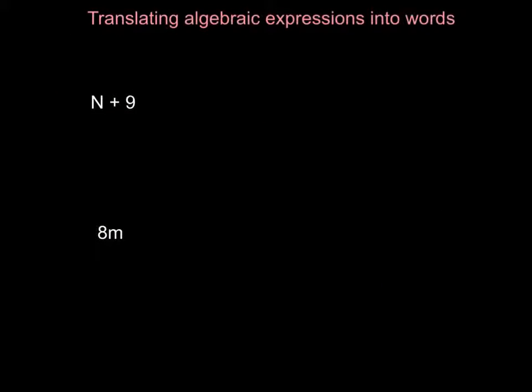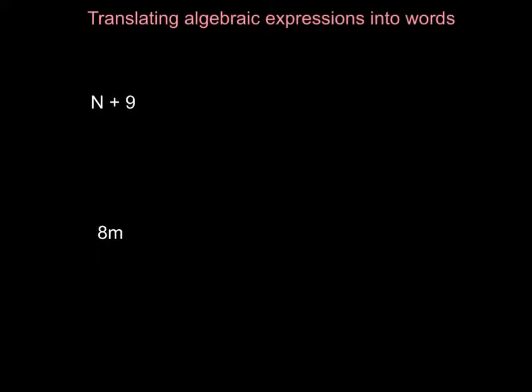So we're going to look at translating algebraic expressions into words. The first one is n plus 9. For this example, there's multiple different ways you can write it. But we know that with addition, some of the words that we can use are more than, or in addition to, or plus, or combine.